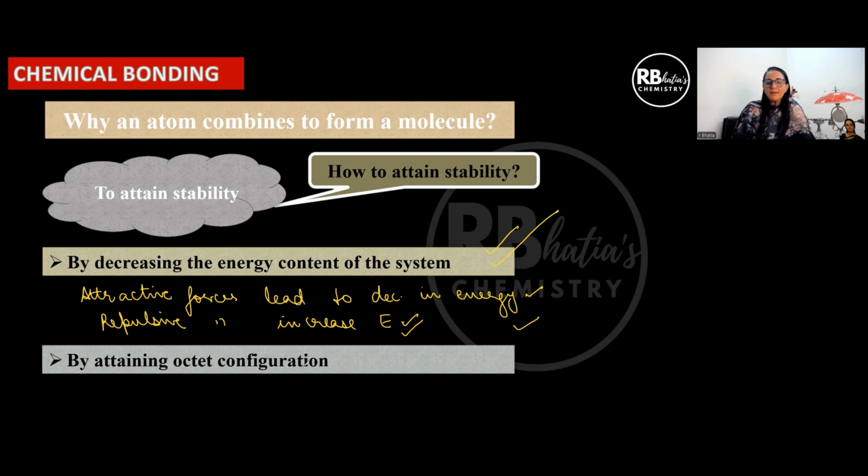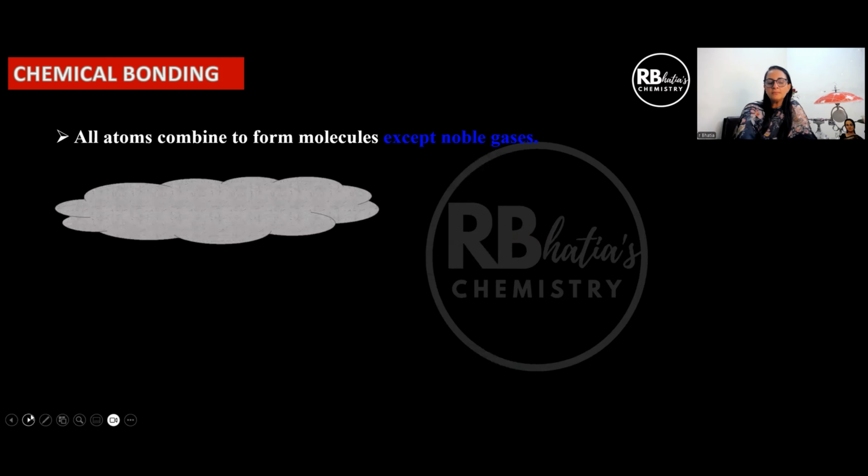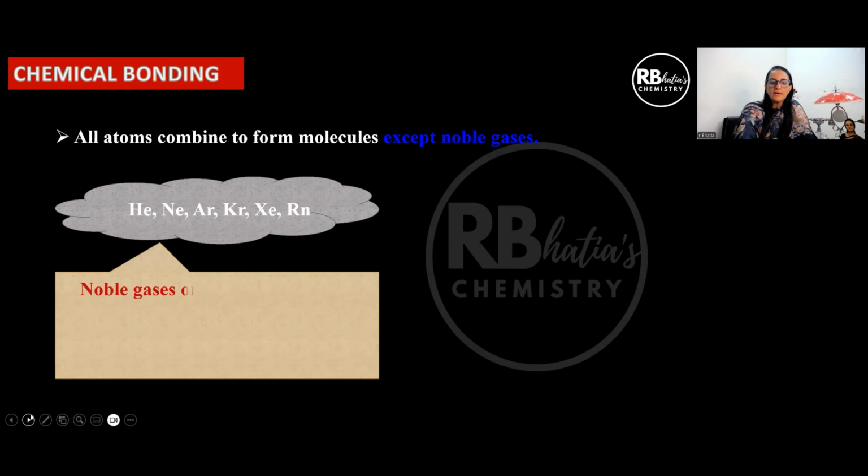And the second point is by attaining octet, because each atom has a basic tendency to have a set of 8 electrons in the outermost shell. So all atoms combine to form molecules except noble gases. Why do noble gases not form? Because they already have a complete octet.